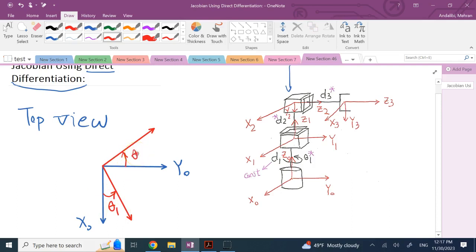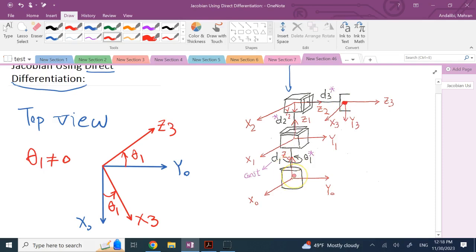So as I said, this is your z3 and this is your x3. Okay, so in this case, this is when, as I said, theta 1 is not equal to 0.